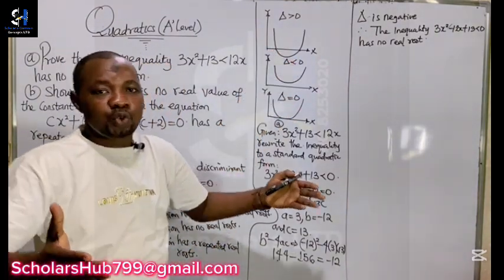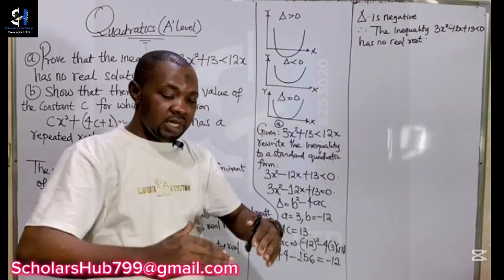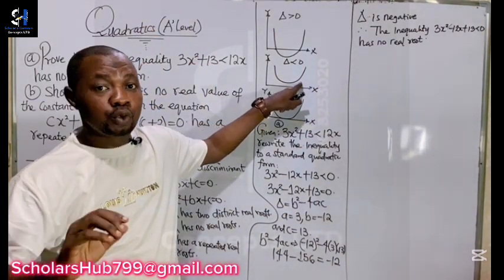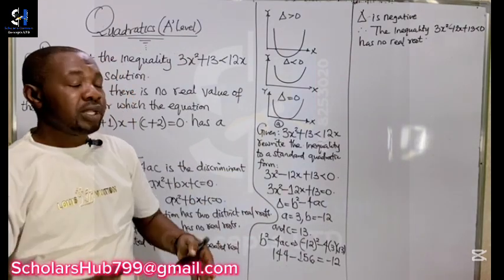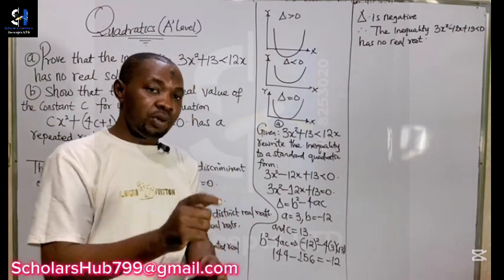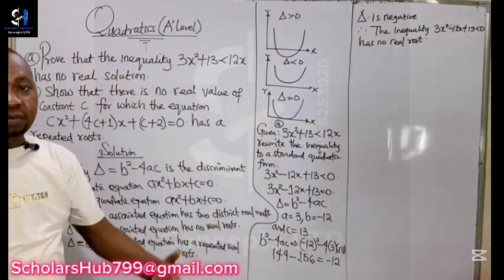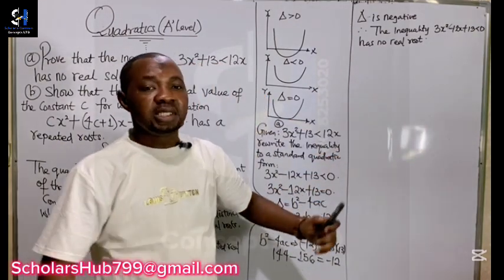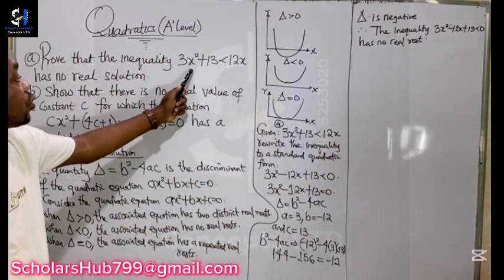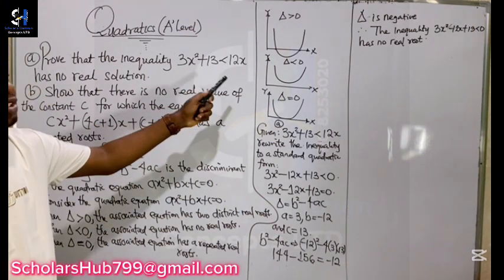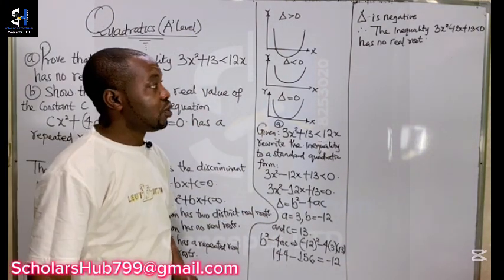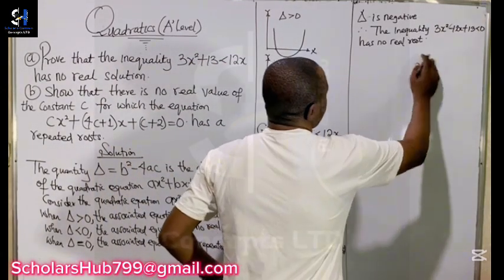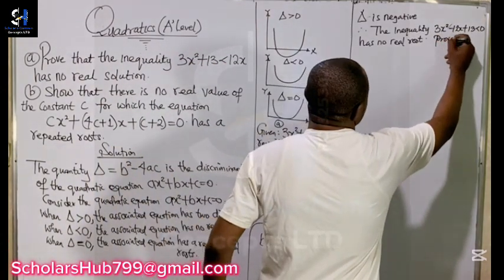That is when it will lie entirely above the x-axis, and that's what we have here. That is the case of no real root. Then when it touches the x-axis at a point, that is when it has a repeated real root. So in this case, we have proved why the inequality 3x squared minus 12x plus 13 less than 0 has no real root. All right, so we have this proved already.